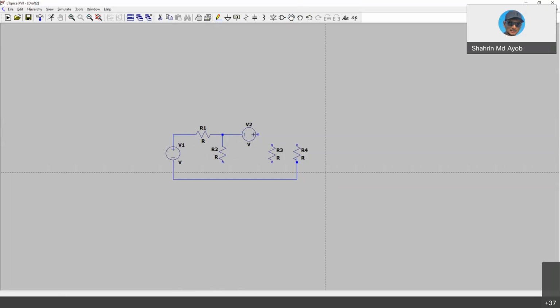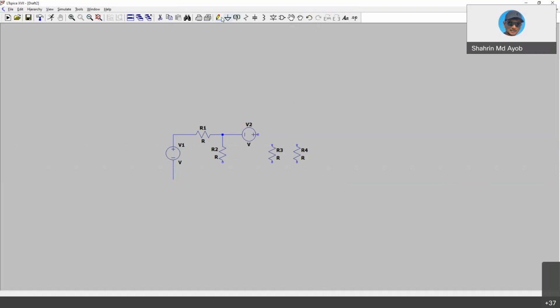If you want to delete the wire, you just press the Delete button on the keyboard. It will display the scissor, so you can click the wire to delete.